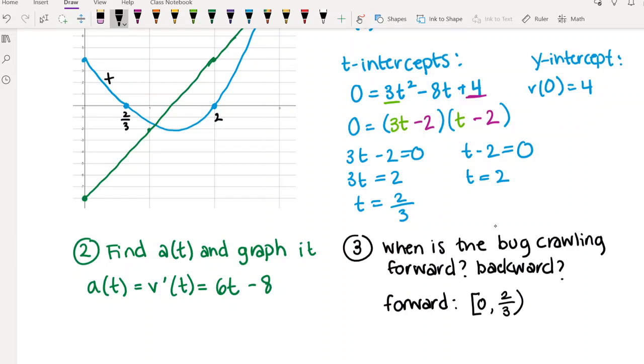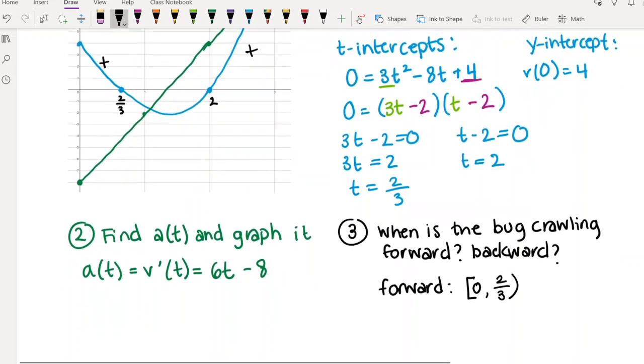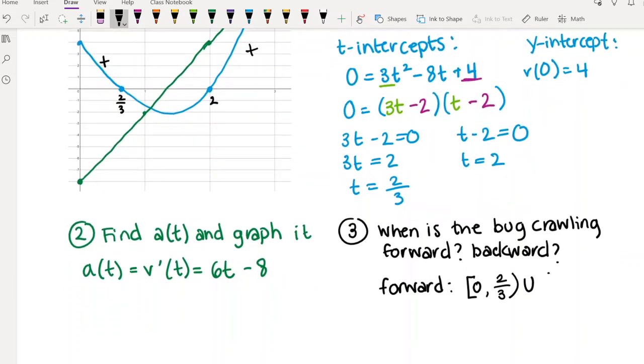It's up to 2/3, but not including 2/3, when this thing is moving forward. And then when else is it moving forward? Well, it's moving forward after 2 seconds, so from 2 to 3 seconds. If you remember how interval notation works, you can put this U, which means union, and it's a way of saying you have multiple intervals and including both of them. And so when is it moving backward?